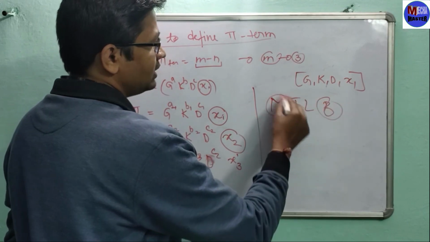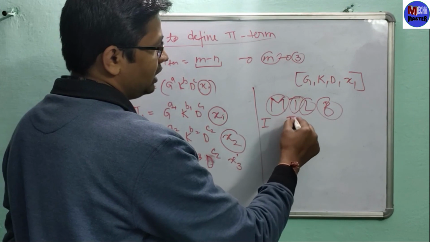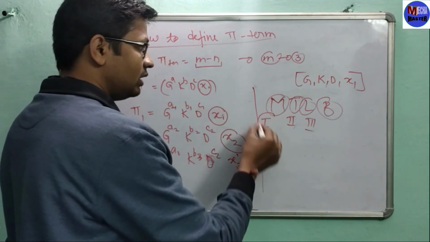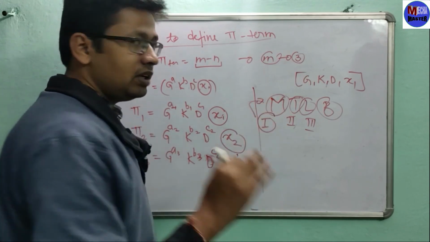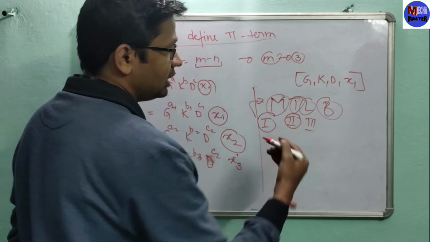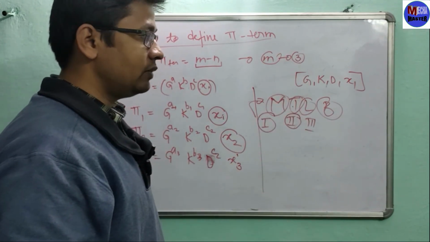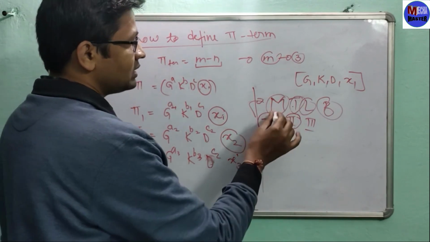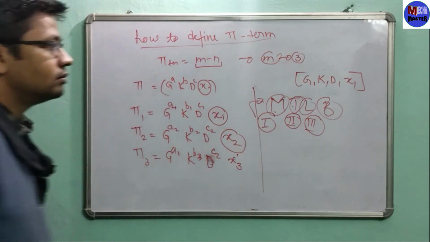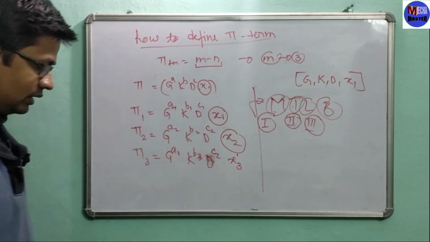Buckingham uses mass, time, length priority-wise: first priority, second priority, third priority. If there is mass, it will be a dynamic quantity. If there is no mass, we move to the second one. If there is time, it will be a kinematic quantity. Suppose there is no mass and no time, then it will automatically be a geometric quantity.